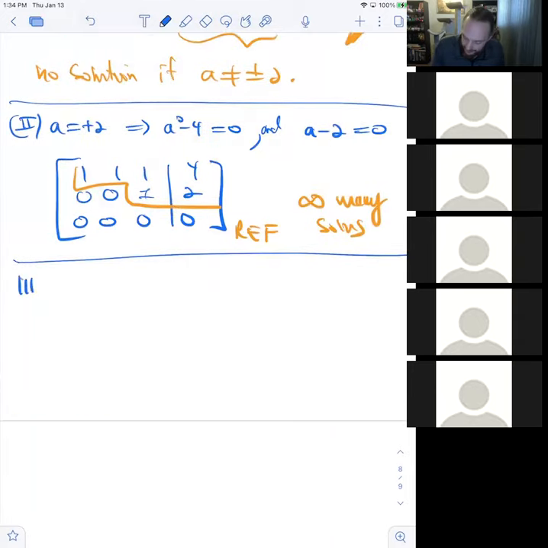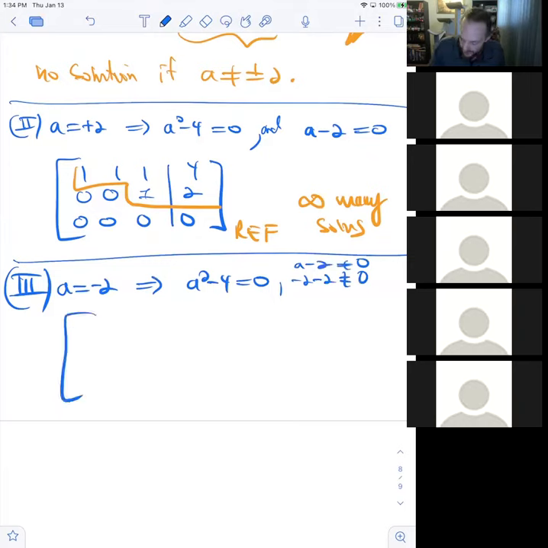And then in case 3, we have a is equal to negative 2. This says that a squared minus 4 is equal to 0, but negative 2 minus 2 is not equal to 0. So this is a minus 2.